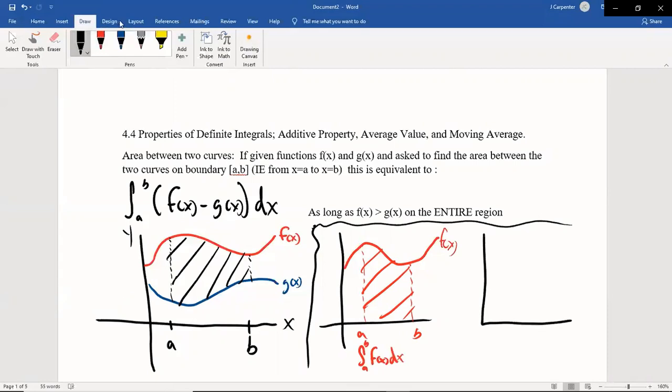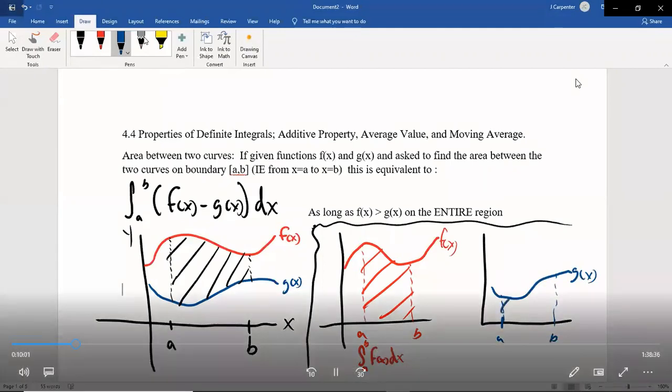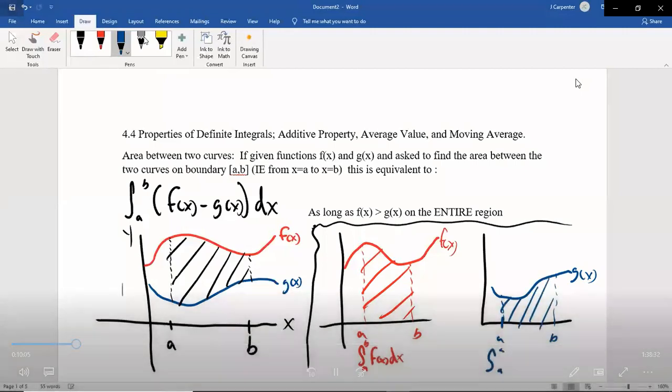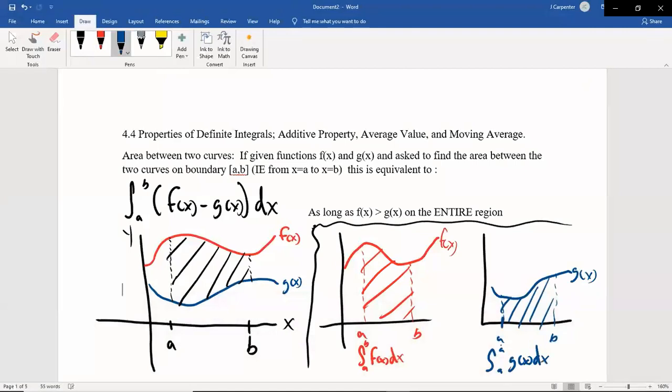This area right here, again from a to b, that represents the integral from a to b of g of x dx. That doesn't look like a b, that looks like an a.